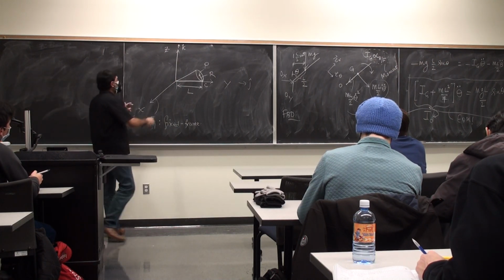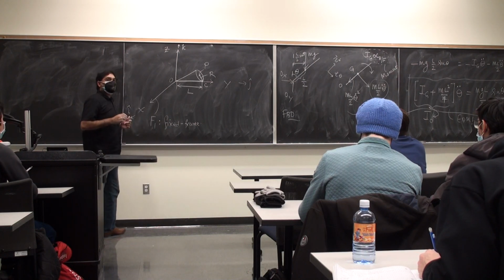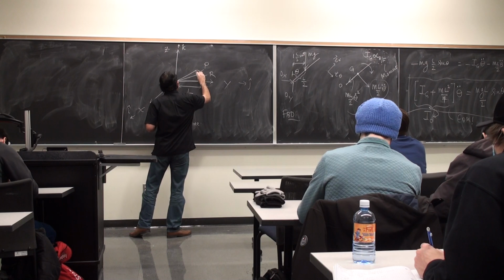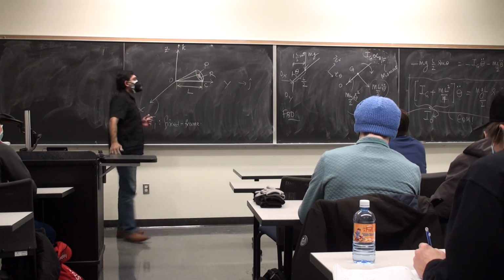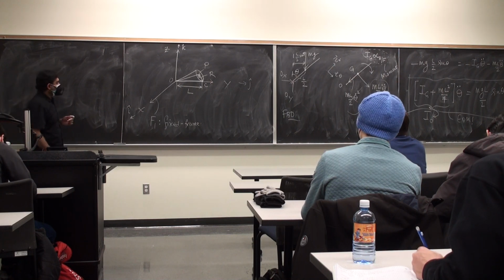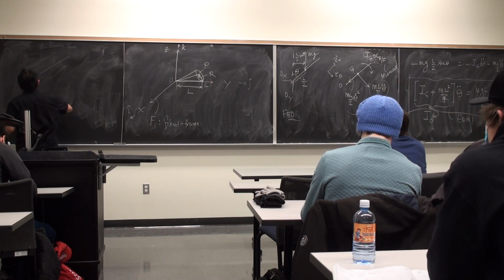If I draw a line from the origin O all the way to the center of the cone, that angle is a right angle. Maybe a larger picture might help.